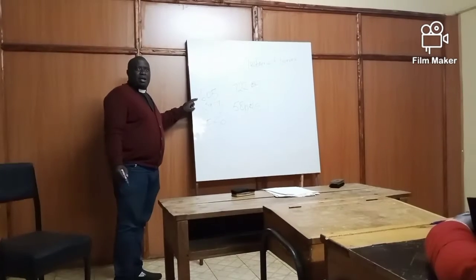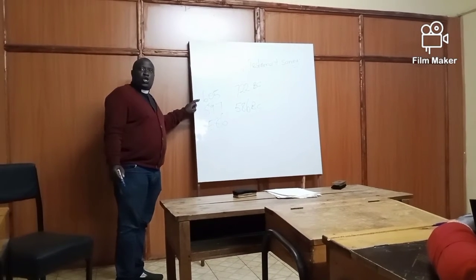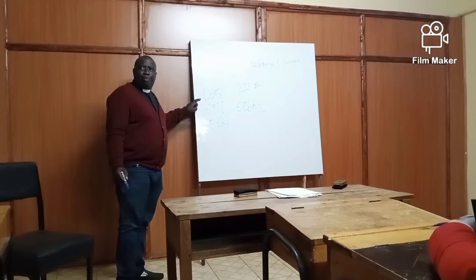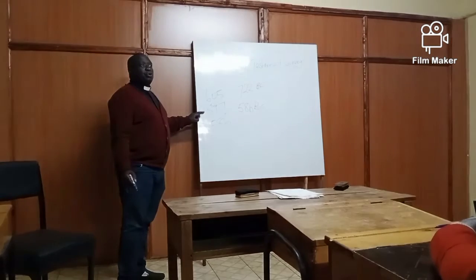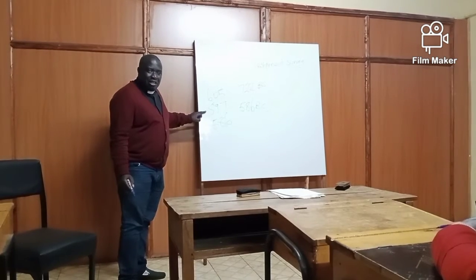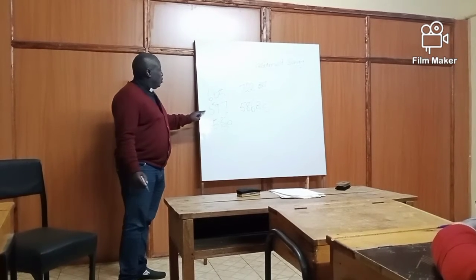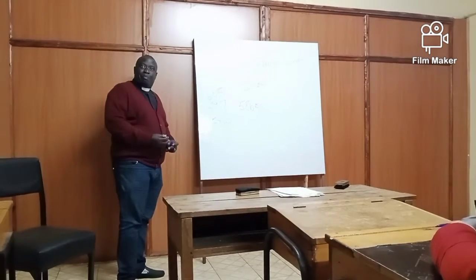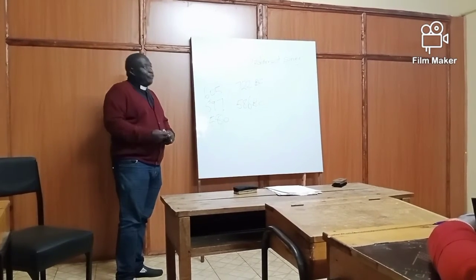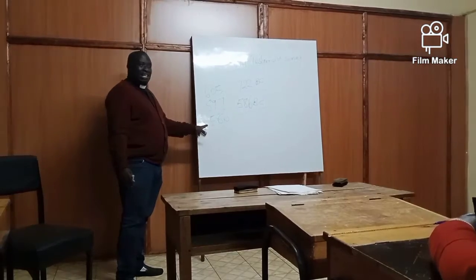Here, they took Daniel to Babylon. Here, they took Ezekiel. The prophet Ezekiel was taken to Babylon. In 586, Jeremiah, the weeping prophet, was left in the land.